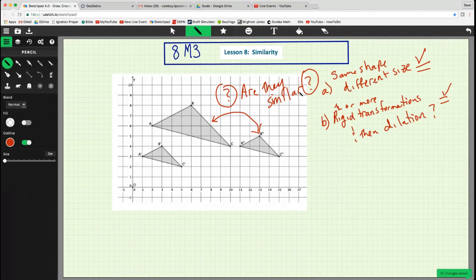I can say that they're similar, because I know that if I can dilate an object, I maintain all of the angles. So if I can do a rigid transformation and then a dilation, it's true. Another thing I can do is a dilation and then one or more rigid transformations.